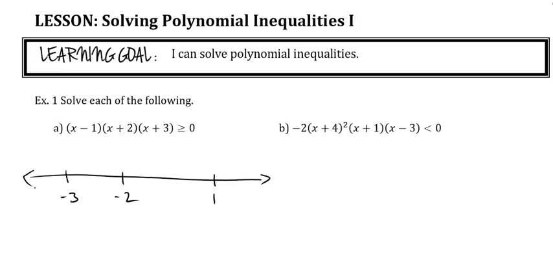And here's what we're going to do. We're going to test values in each of those intervals and see what it gives us. Is it greater than 0 or less than 0? So for example, I'll start on the left and I'll pick a number that is somewhere in this interval. Okay?